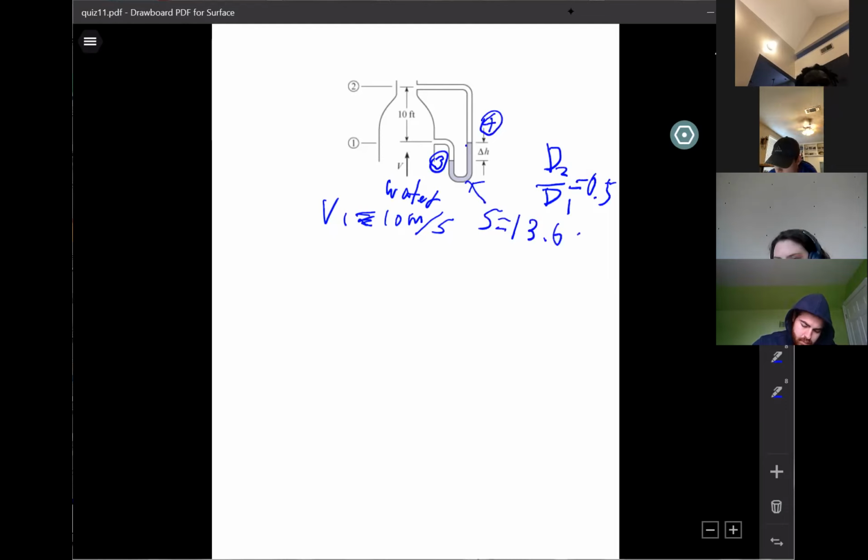The goal right here is to calculate delta H. Since this is 10 feet, the English system, let's change it. Let's say this is 3 meters. I don't know if it will be useful or not. So the goal is to calculate the deflection in the mercury manometer.